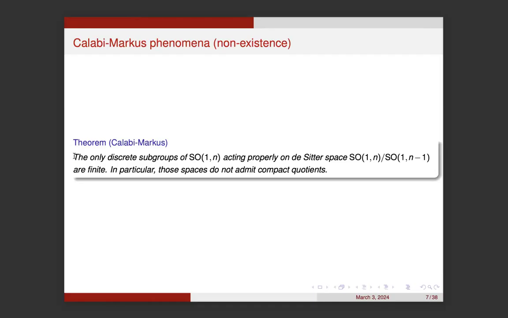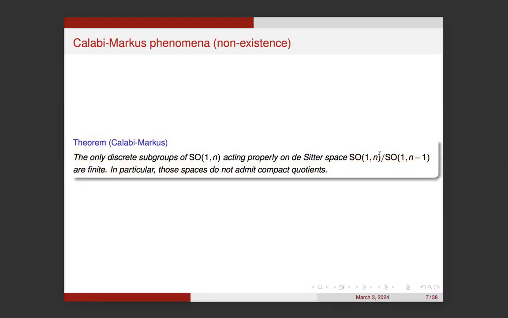The result is the following: the only discrete subgroups of SO(1,n) acting properly on de Sitter space are finite. The de Sitter space is the Lorentzian model for constant curvature plus 1. It's a complete Lorentzian manifold of positive curvature, and it is a homogeneous space.